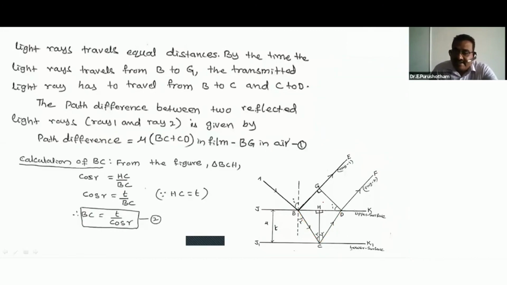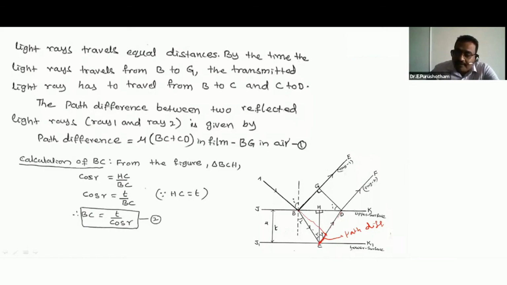You observe clearly here, this part from here to here, we can assume is inside the film. So this is the path difference.